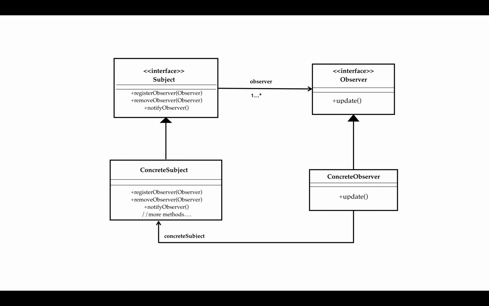See here, concrete observers maintain a reference to a concrete subject object and implement the observer interface. Each observer registers with a concrete subject to receive the updates. So this is how they are arranged. Now let's discuss the sequence diagram, and how they interact at runtime.